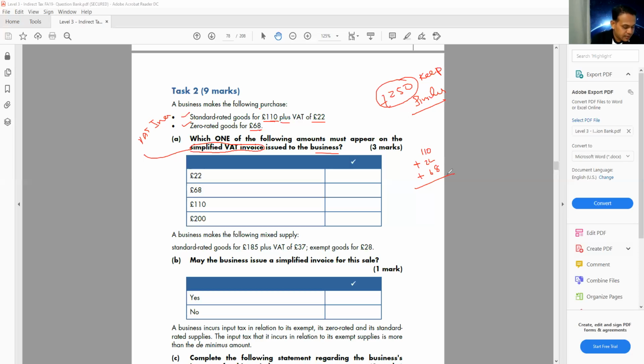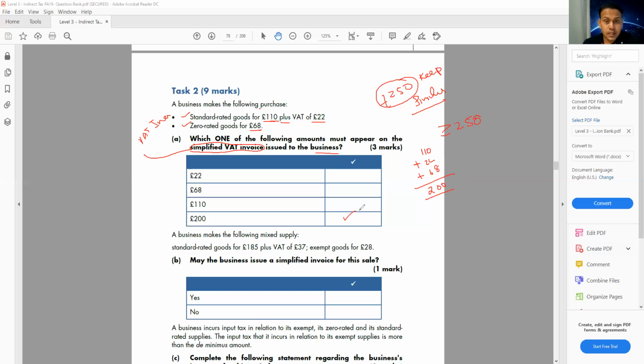If we add 110 plus 22 plus 68, that will be 200. And as long as it does not cross 250, we can use the simplified invoice. So it will be 200 for that.